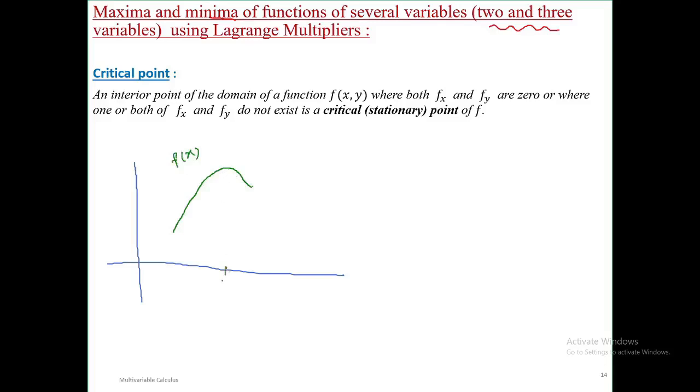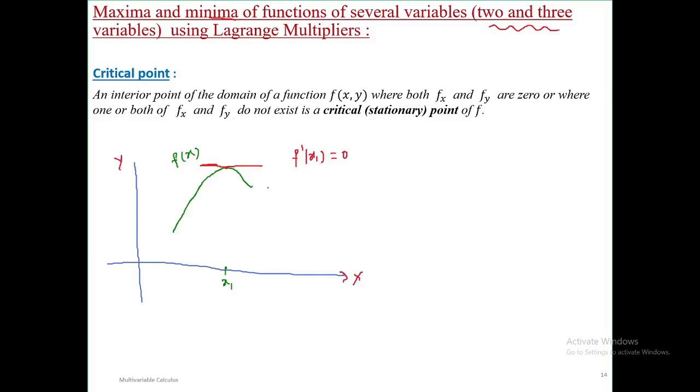Assume this is a point x1. Here, look at the derivative clearly, what is the tangent? This is a tangent, so the tangent is exactly parallel to the x-axis. Therefore clearly I can say that f dash at x1 is equal to 0. It is vanished because the tangent is parallel to the x-axis. Parallel to the x-axis means what? It is 0. f dash of x1 is equal to 0.